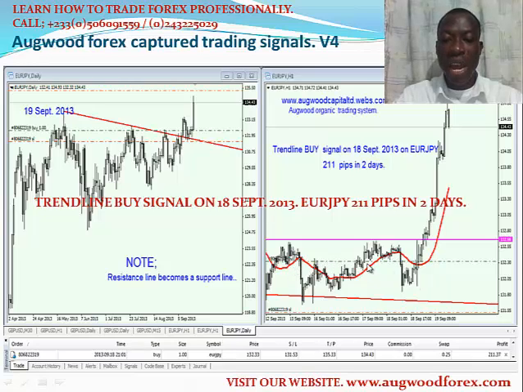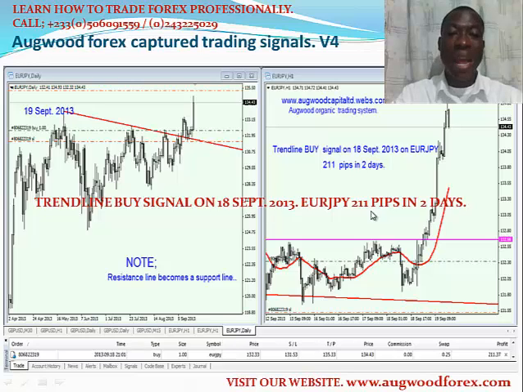This is the buy position that we took, and this is where the stop loss is. Most of our trades come with stop loss, because we want to be specific on how much we invest on each position we take. And as you can see, the market moved in our favor, and this is the take profit waiting there. But it is not always that you allow the market to hit your take profit.